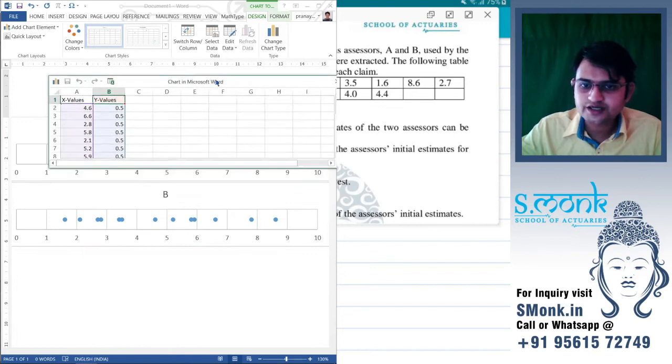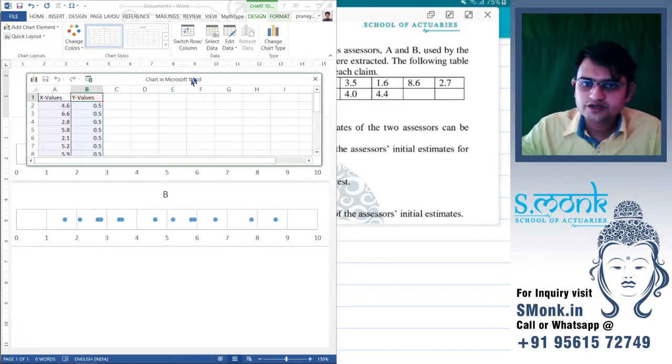It will bring up that Excel chart again. Here I will keep my y values as 0.5.